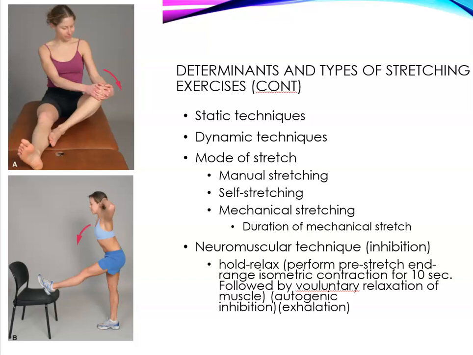PNF, which is proprioceptive neuromuscular facilitation, stretching techniques, which are referred to as active stretching or facilitative stretching, integrate active muscle contractions into stretching. These techniques are used to inhibit or facilitate muscle activation and to increase the likelihood that the muscle to be lengthened remains as relaxed as possible as it is stretched.